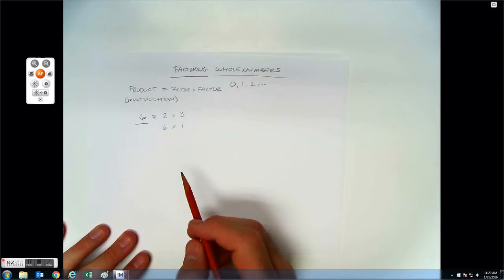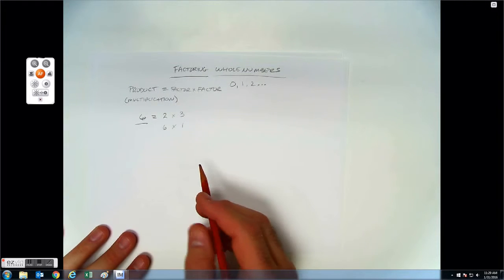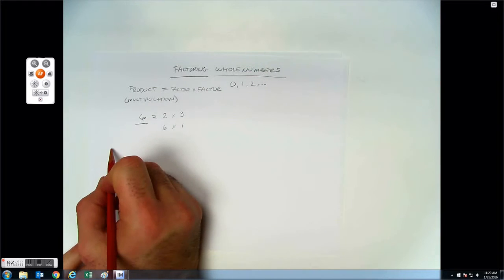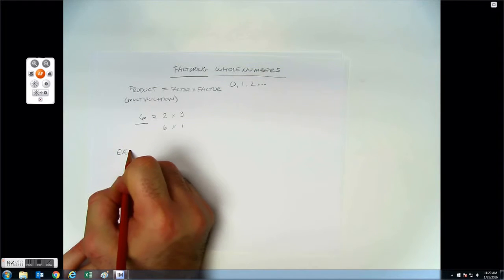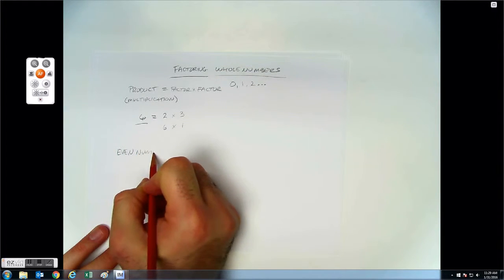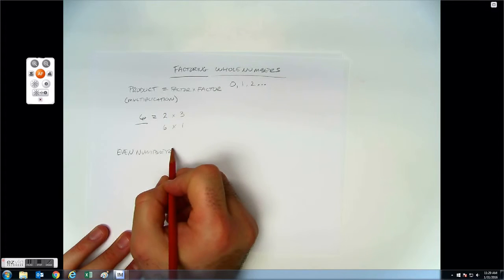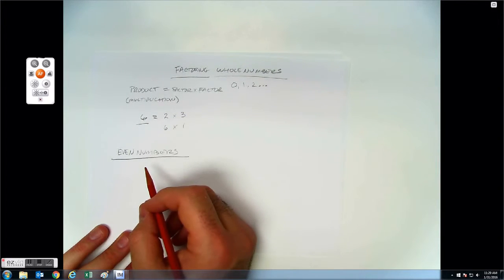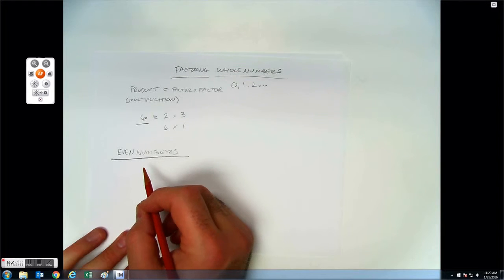So that's section 2.1. Okay, the first thing we need to do is talk about even numbers, specifically even whole numbers, since we're going to be working with whole numbers here.